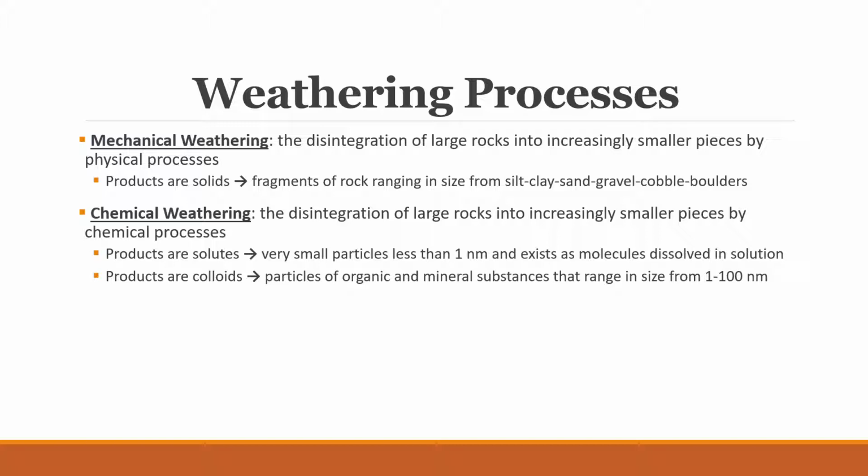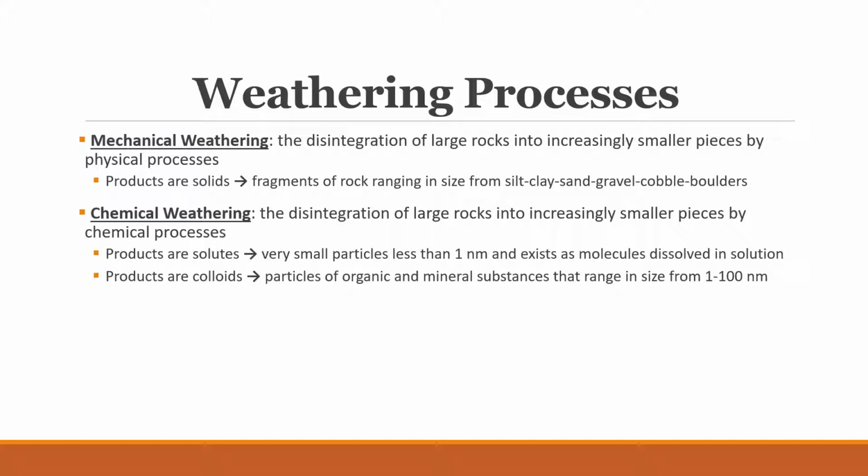The products of mechanical weathering are solid particles of rock, clastic materials that we can categorize based on their size, with silt being the smallest and boulders being the largest. Next, we have chemical weathering, which again is breaking down rocks, but this time through chemical processes or chemical reactions.